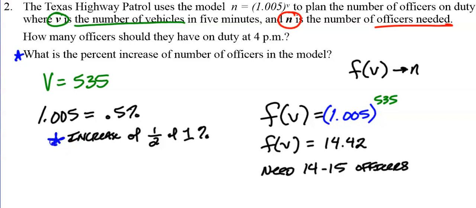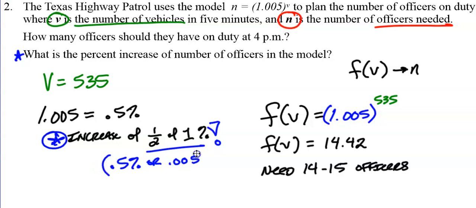It's an increase of one half of 1%, 0.5%, otherwise known as 0.005. That is our increase over what's normally done. So that's how many officers they should have on duty. They use this function to do that. They just have some math going on, the police officers. So that's at 4 p.m. on duty.